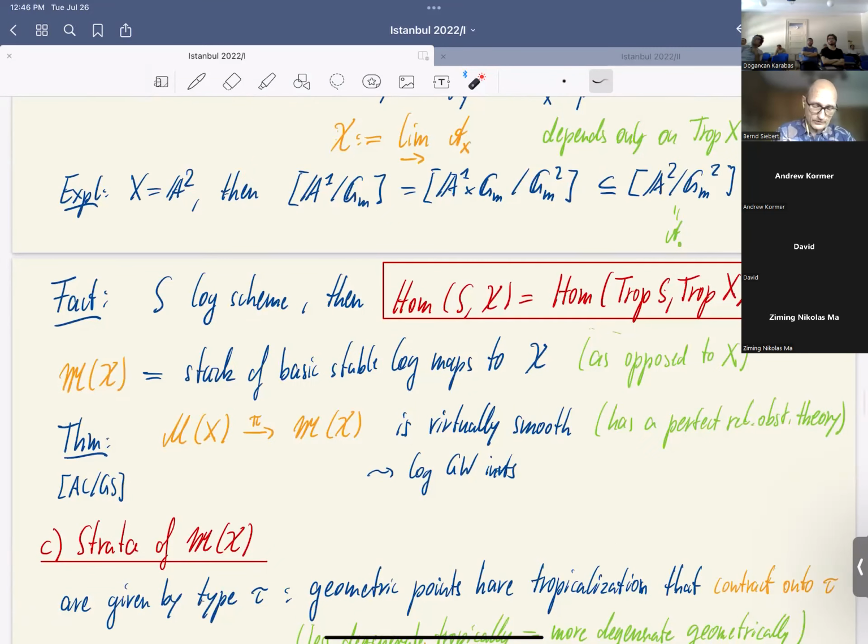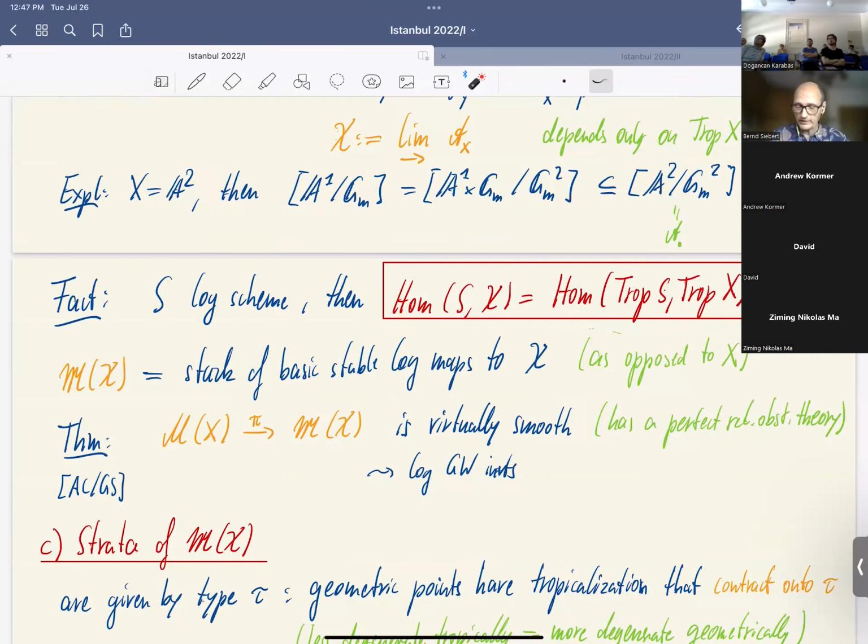And this is the theorem, both in the work with Mark and the competing work of Dan Abramovich and Qile Chen, there's some statement, maybe not formulated exactly this way, that this is a virtually smooth map. We have it explicitly in later papers.